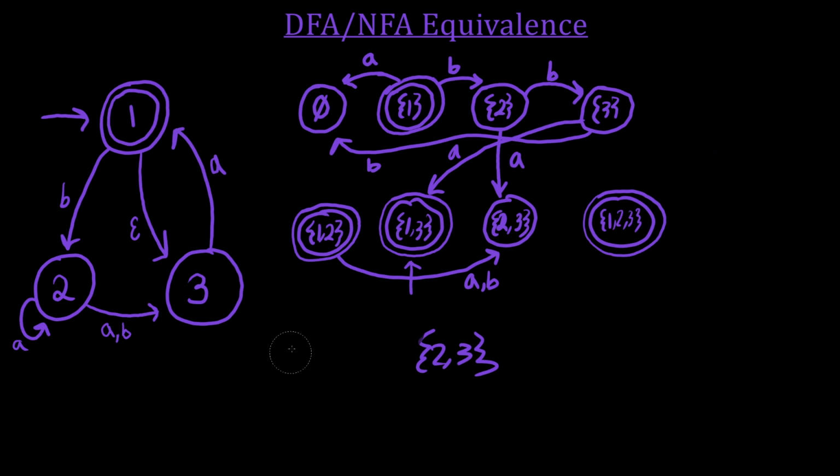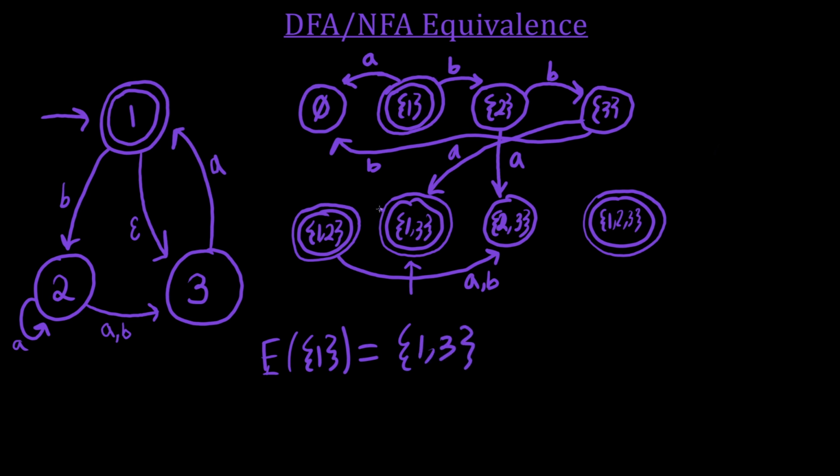Great. Let's move on to our start state 1, 3. This state represents being in states 1 and 3 at the same time in the NFA. So let's start on 1 and 3 and find the set of states reachable on the character A from those two states. On state 1, we can reach nothing using the character A, and on state 3, we can reach state 1 on the character A. Therefore, we're going to take the epsilon closure of the set containing the state 1, which we've already calculated to be the set containing 1 and 3.